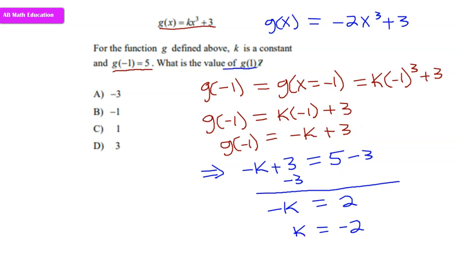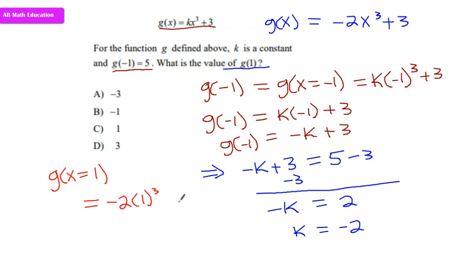And now they want us to find g of 1. So be careful here, this is not the answer, you have to go all the way, and then we are finding g of 1. So g of 1 means that when x is equal to 1, wherever we see x, we replace it with 1.